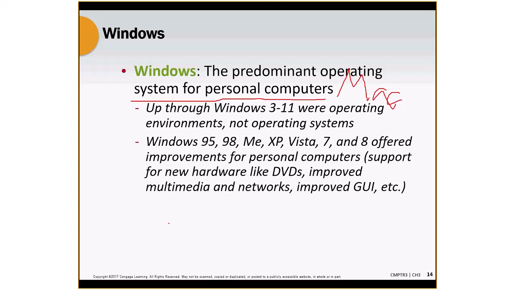For Windows, we have Windows 95, Windows 98, ME, XP, Vista, 7, 8. 7 and 8 offered improvements to your personal computer, so different options and different apps that you are able to use with your personal computer through Windows.